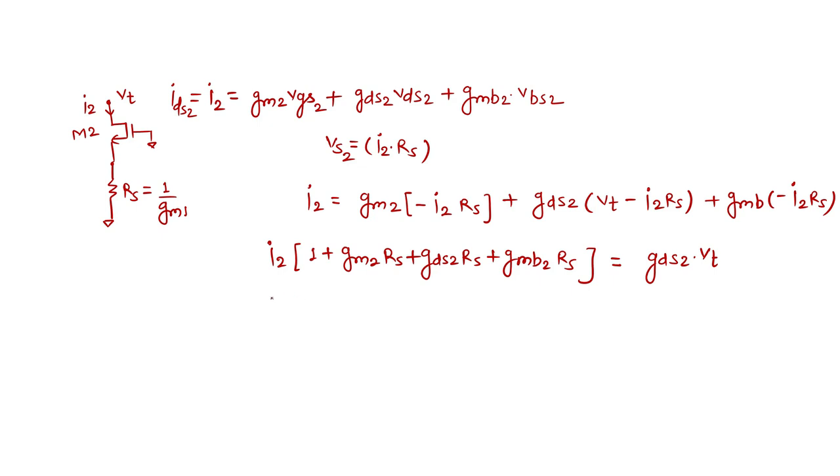So I should say this is fine now. Is there anything missing? No. So I2 is equal to what? 1 plus GM2 plus GDS2 plus GMB2 times RS, and where RS is my 1 upon GM1, I'll replace it. So what should be the exact expression here?